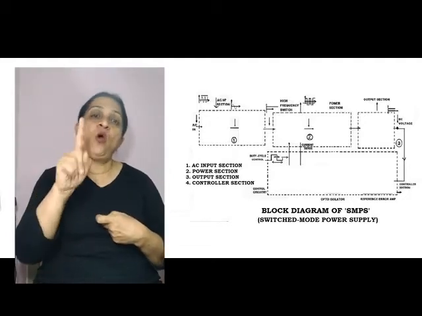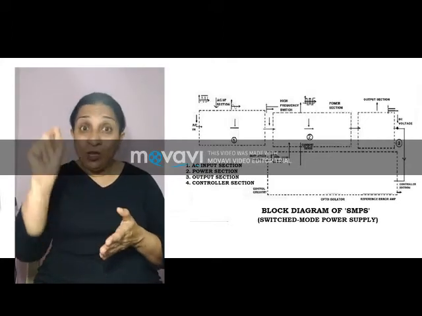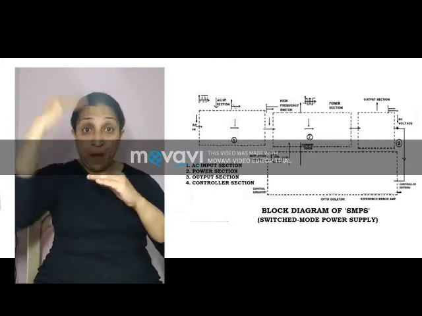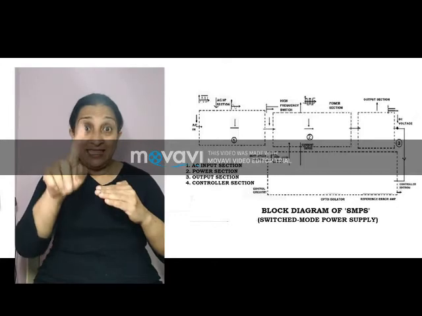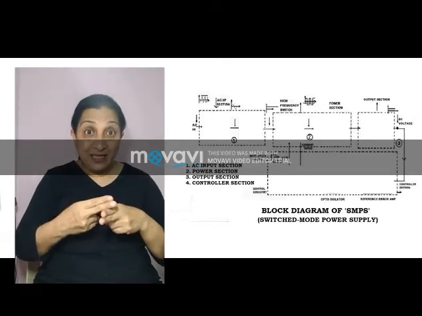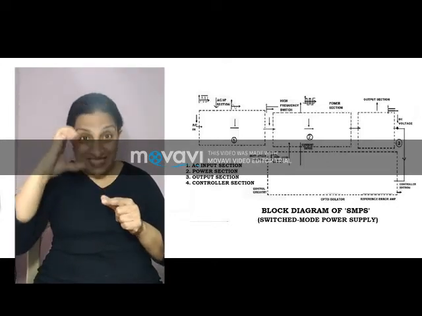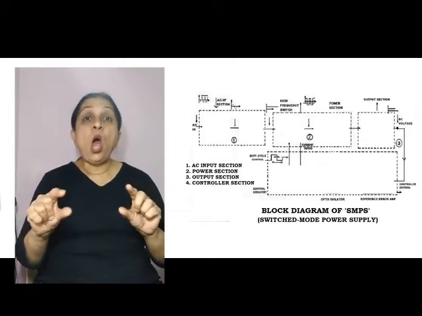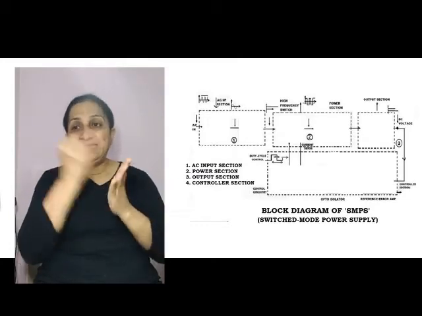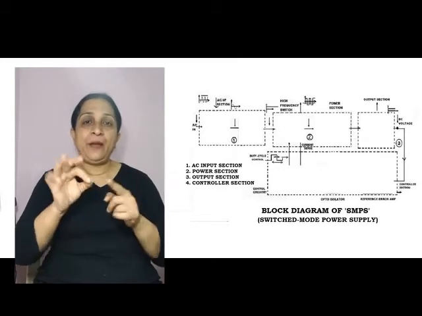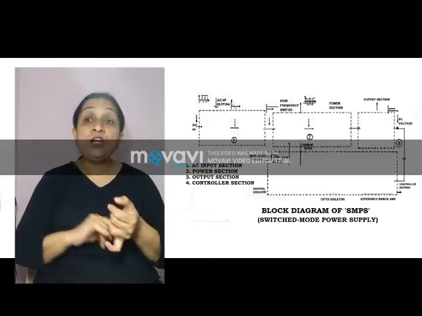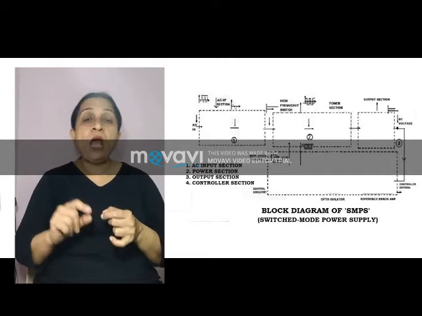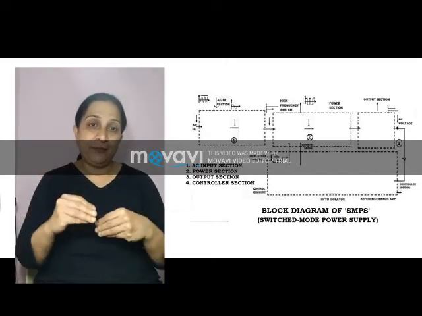That also you must write. So all these writings which are there above or below, their 4 names A, P, O, C, all you must write. And down you will write block diagram of SMPS or switched mode power supply.